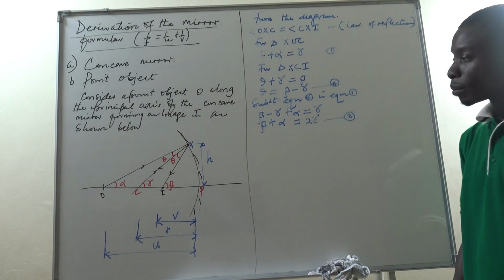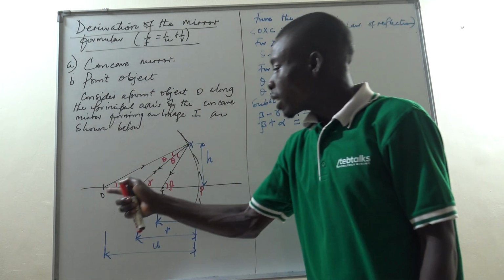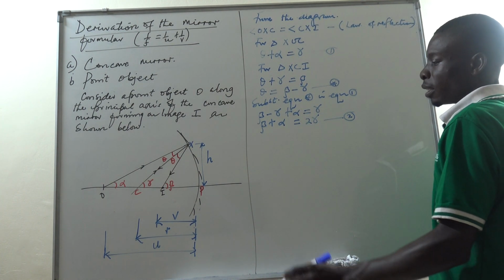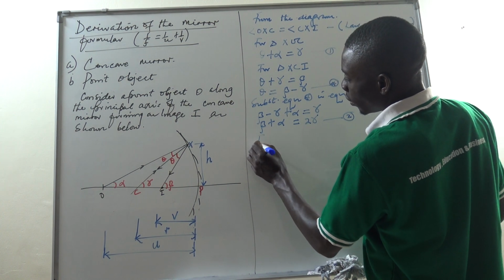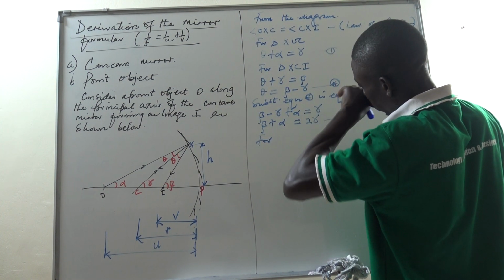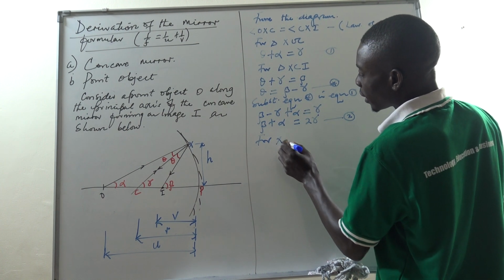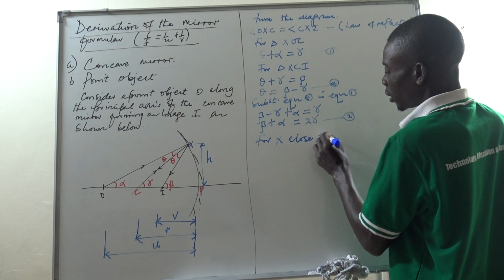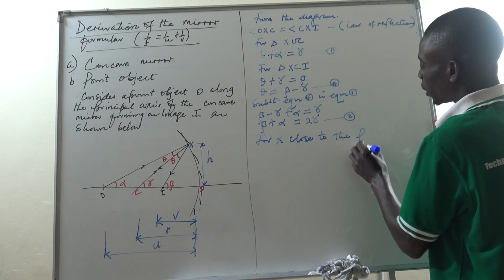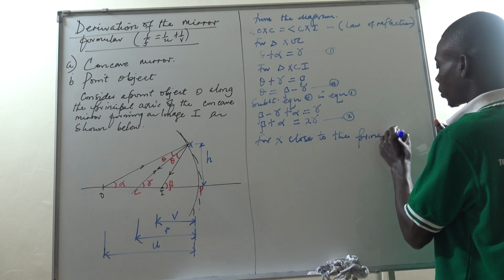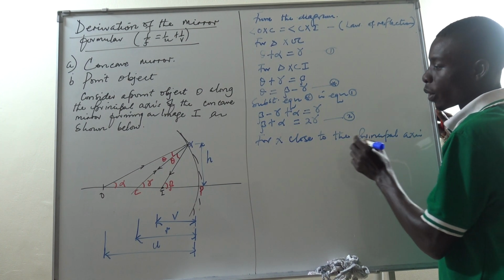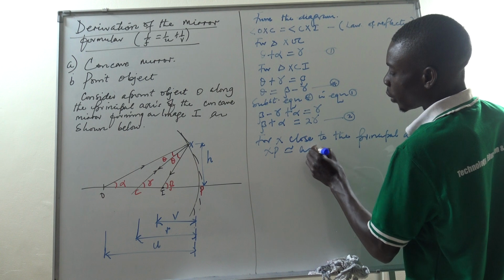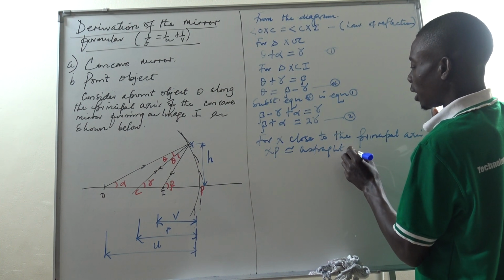And now we can also say from these very triangles, for X close to the principal axis, we can say XP is approximately a straight line.